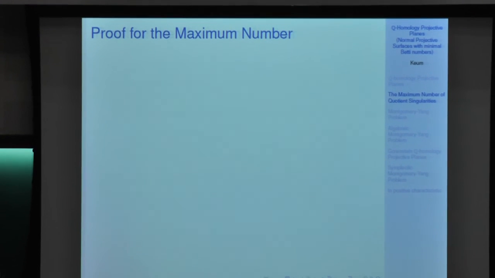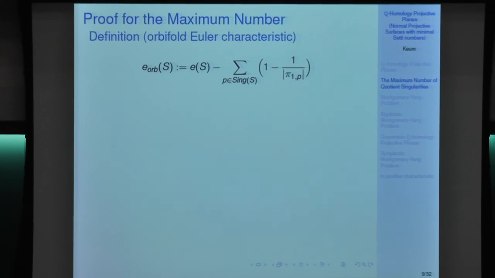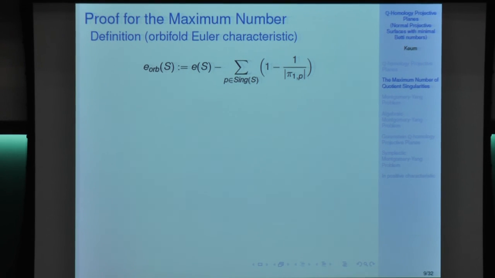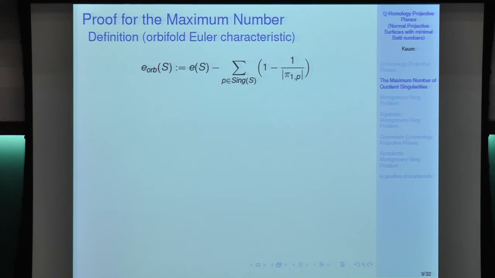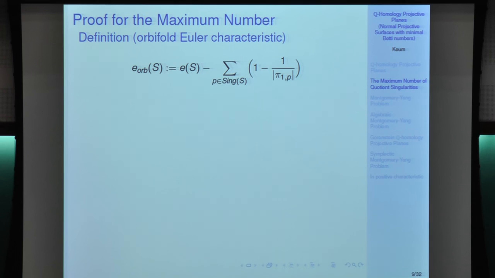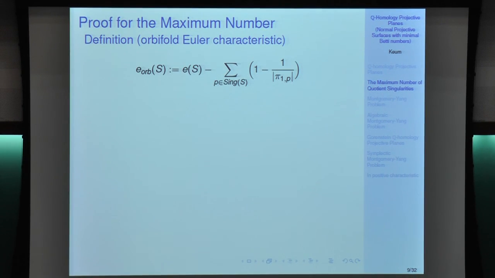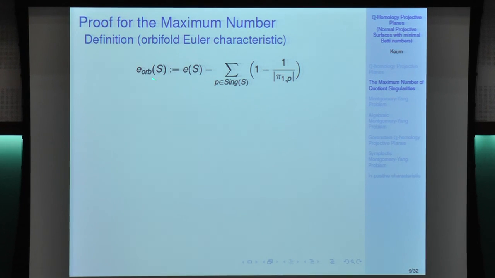Okay, so here's the proof. Here we use the Bogomolov-Miyaoka-Yau inequality, the orbifold version of the BMY inequality. So here is the orbifold Euler number.